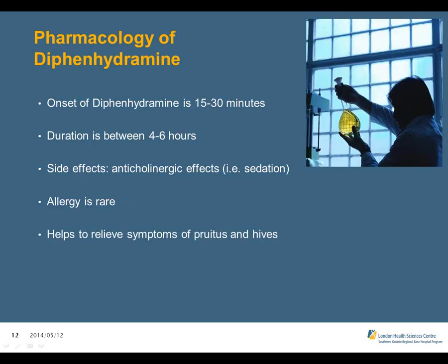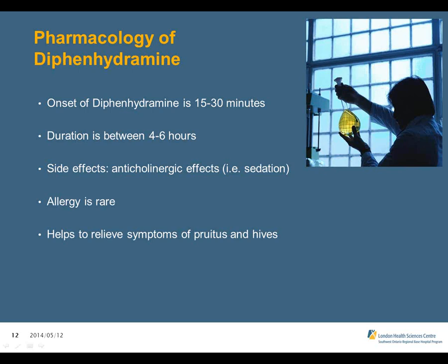So in terms of onset, from IM Benadryl, it's about 15 to 30 minutes, and of course the IV route is going to be quicker because it's absorbed much quicker through IV than IM. It lasts about 4 to 6 hours in the body, therefore we can dose it every 4 to 6 hours in the hospital. And again, the side effects are mainly related to its anticholinergic properties.